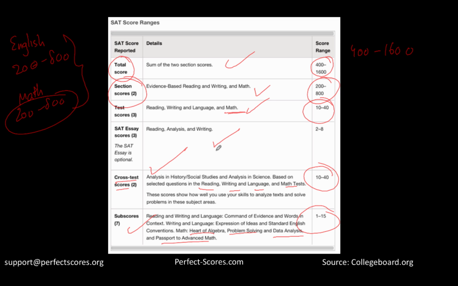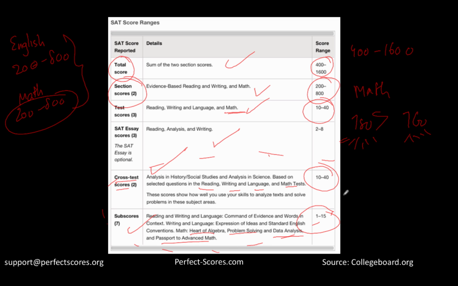But again, that gives you so much data about yourself, and the universities also. The universities are also able to compare two students on different scales. So it's not that if you got a 780 in math and someone else got a 760 in math, you can say that 780 is greater than 760. He might have got 780 in different ways, and he might have got a 760 in different ways. Now the universities are able to see those different ways.